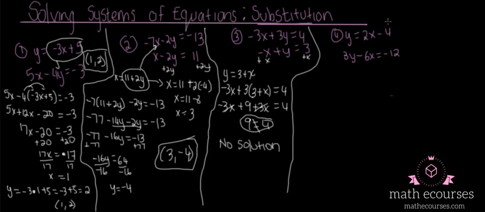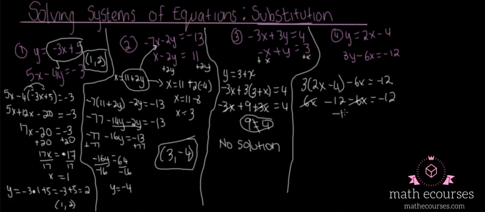For the fourth problem, I already have y by itself, so I'm going to take this and replace this y. So I have 3 times 2x minus 4 minus 6x equals negative 12. Distribute, you get 6x minus 12 minus 6x equals negative 12. 6 minus 6 is 0, so these will cancel out.